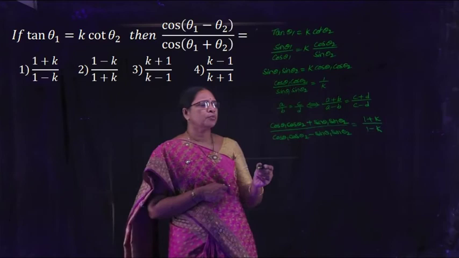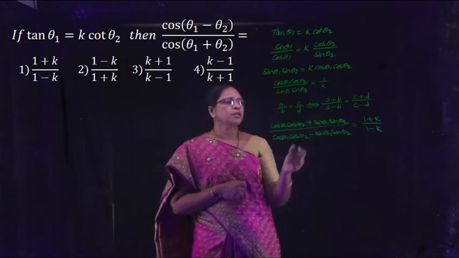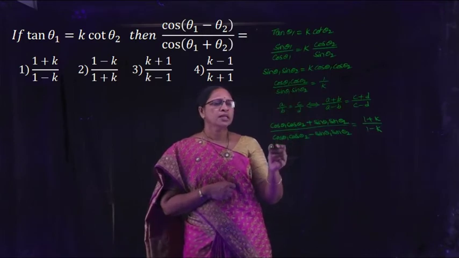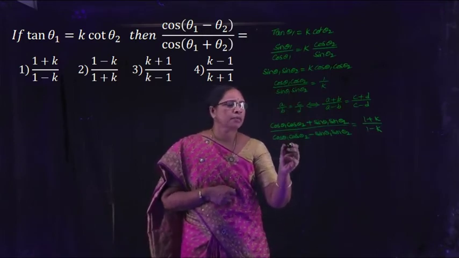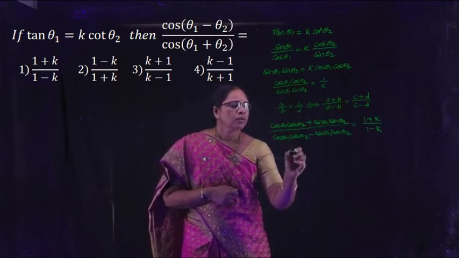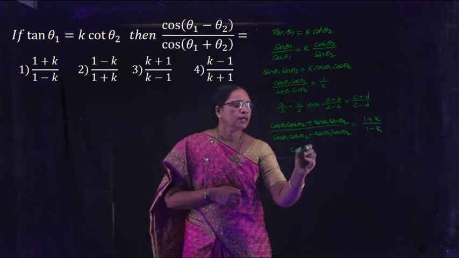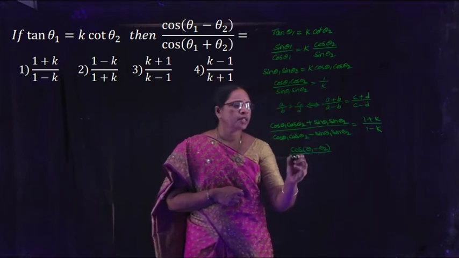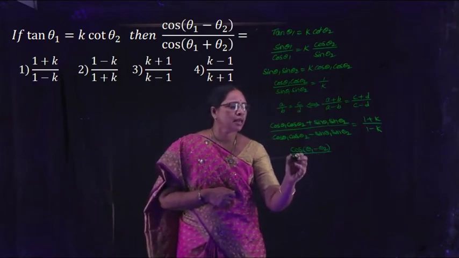Here the numerator is in the form of cos(a minus b). Now the denominator is in the form of cos(a plus b).